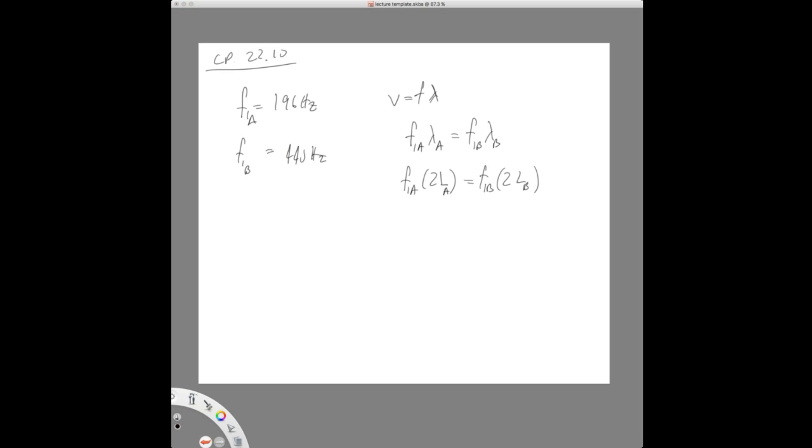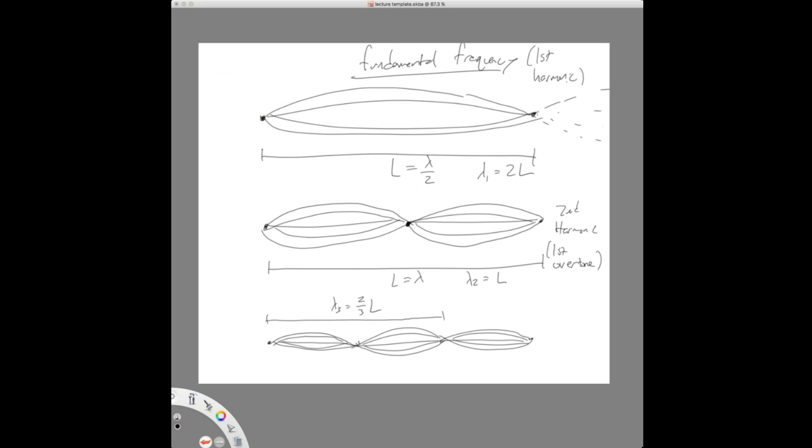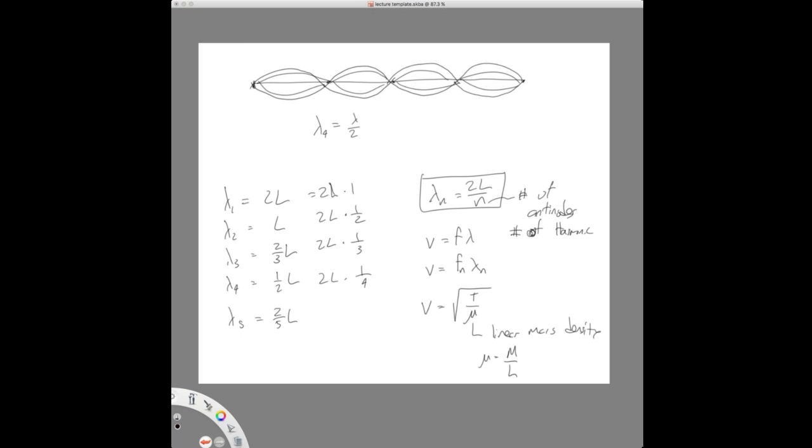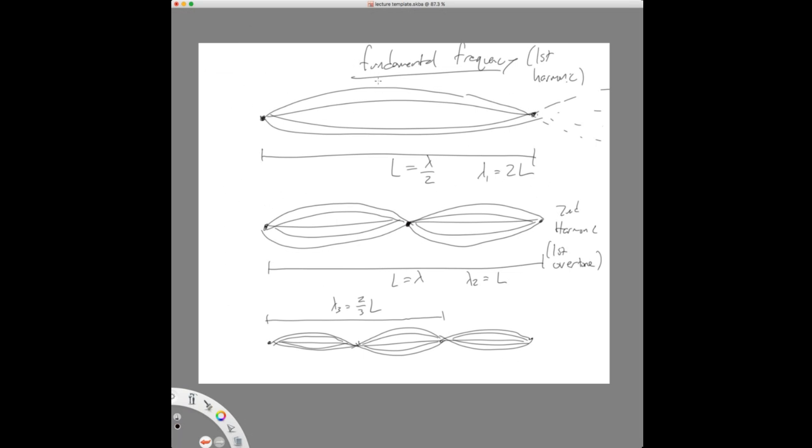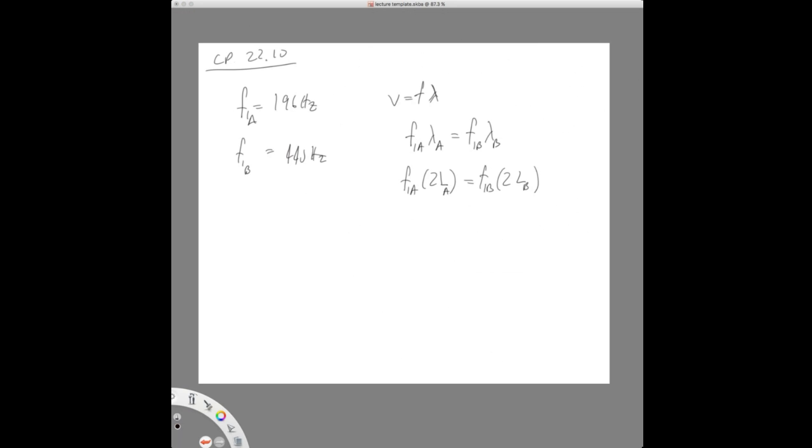Again, I'm going back to these pictures here where we saw that the lambda for the fundamental frequency was 2L, because the fundamental frequency is only giving us half of the wave. The second half of the ghost wave is off the picture. So now we can try to solve for LB. We can cancel these two.